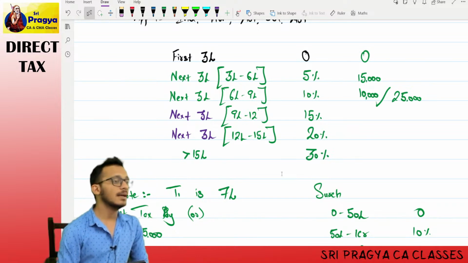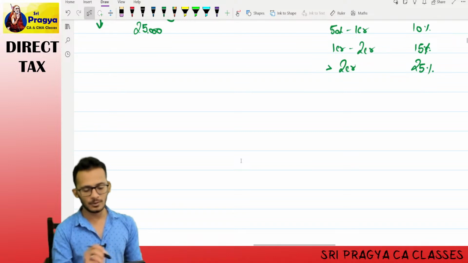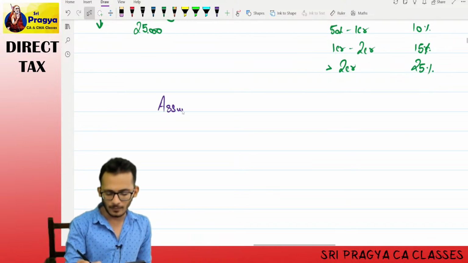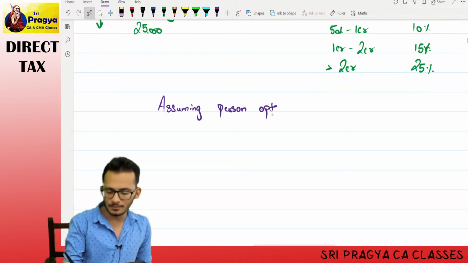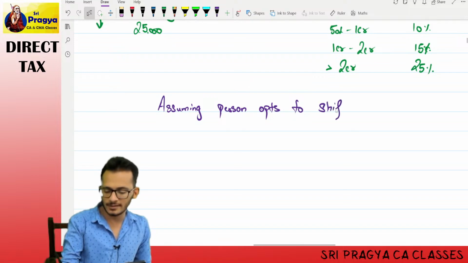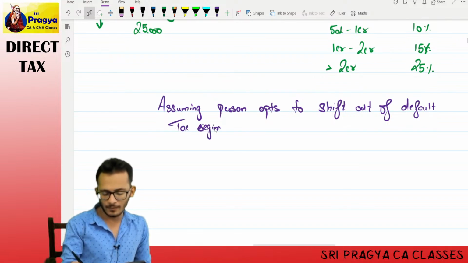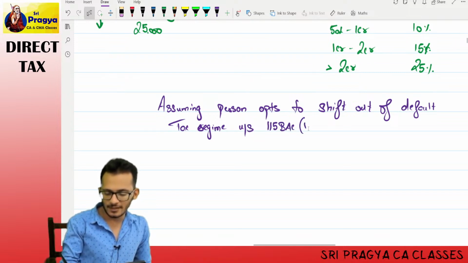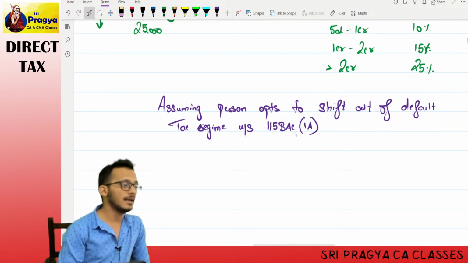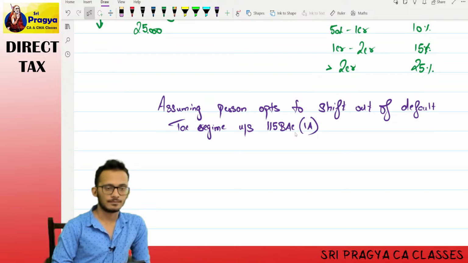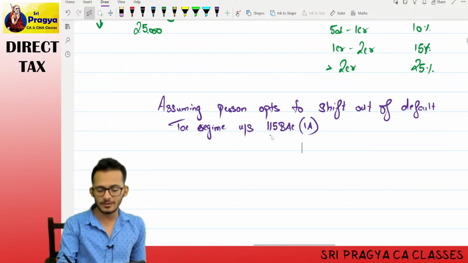In case the question says compute tax assuming the person opts to shift out of default tax regime under section 115BAC subsection 1A, then you are doing alternate tax regime.